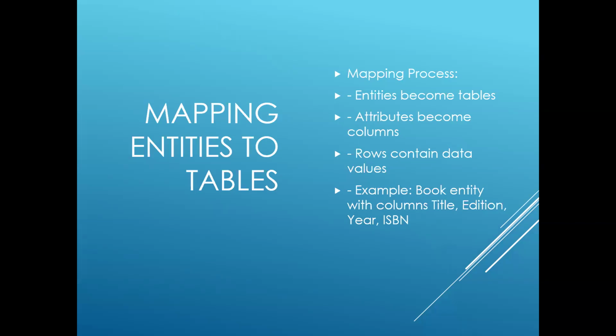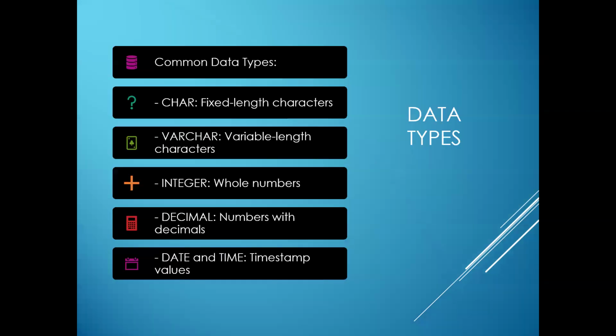Okay, mapping entities to tables. Entities become tables, attributes become columns, and rows contain data values. Example: a book entity with columns title, edition, year, and ISBN. So it is explaining how a table contains rows and columns and how that table becomes a single entity. Okay.